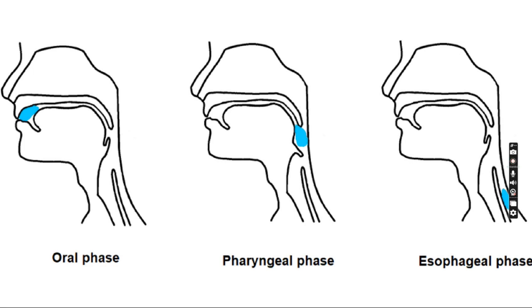So the pharyngeal phase is one of the fastest phases. And the esophageal phase again takes some time, almost 20 seconds to 1 minute. So basically there are three stages of swallowing: the oral, pharyngeal, and esophageal phase.